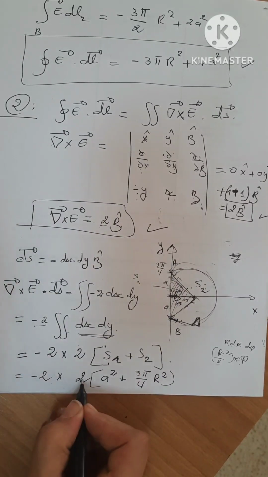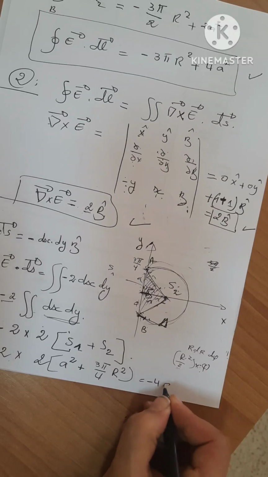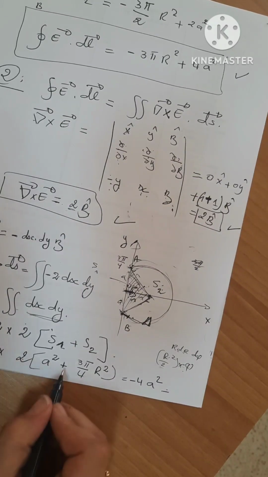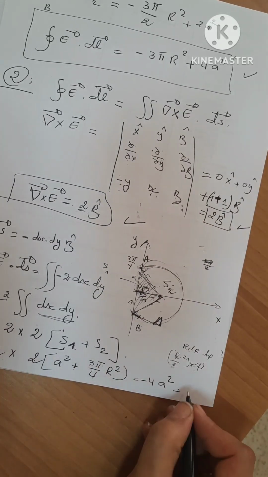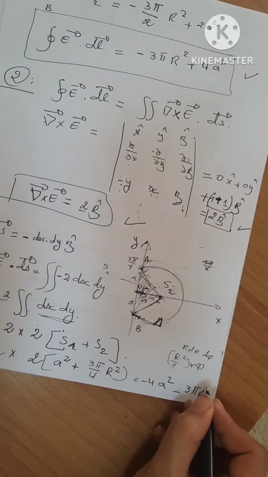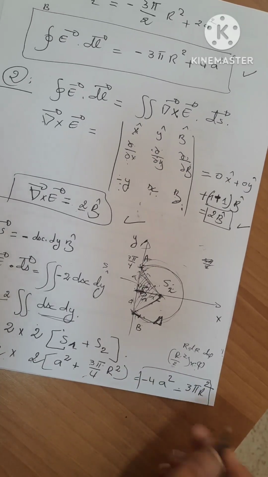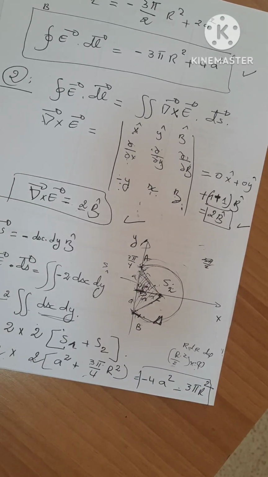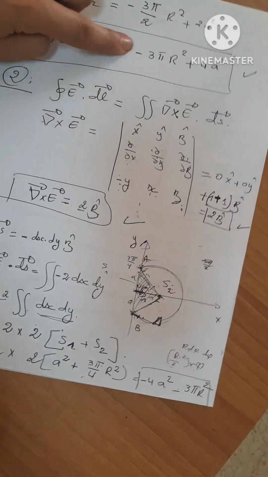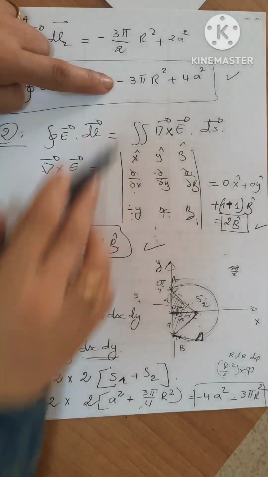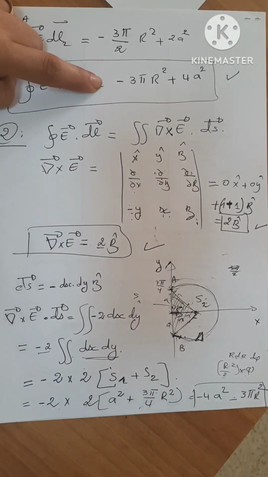So it's minus 4a squared plus 3 pi r squared, okay. Is it the same result as the previous one? We have to check. Yeah, it's the same, okay, the same result.